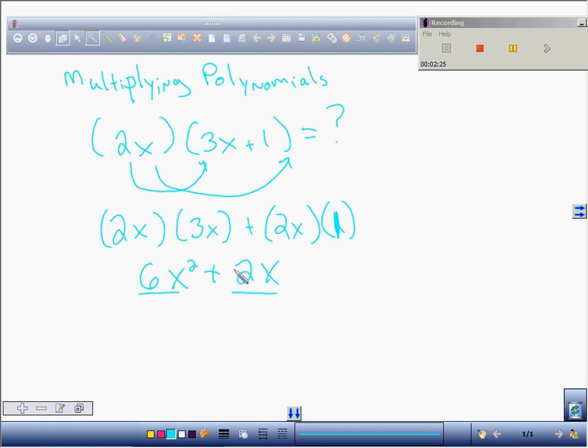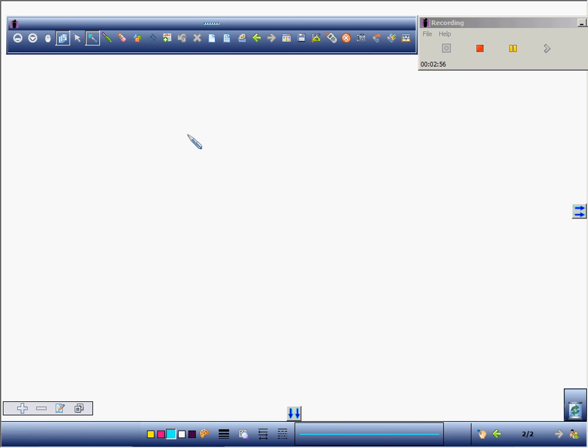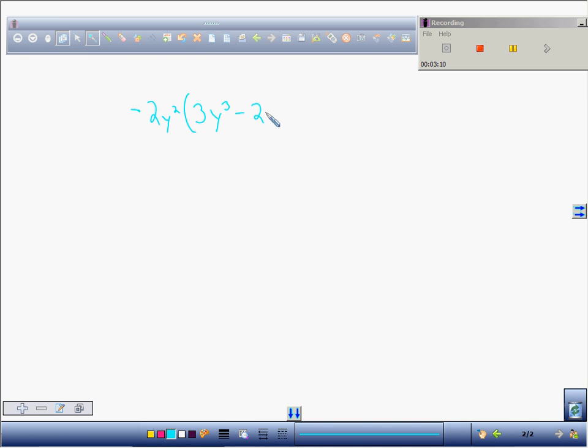I have to see my notes. Okay. So say I had something like this: 2y squared minus 2 times 3y cubed minus 2y squared plus 3, and they want you to multiply that out.